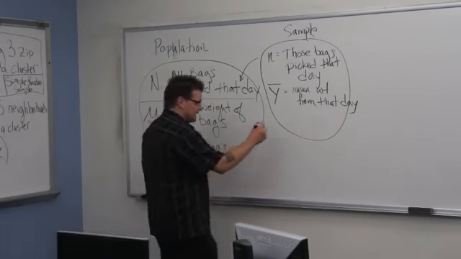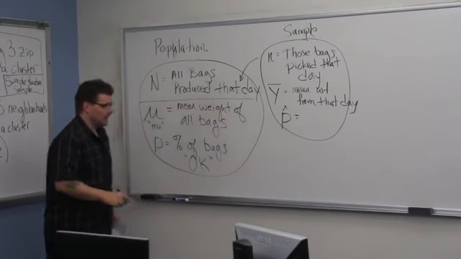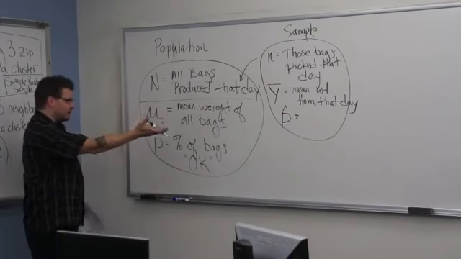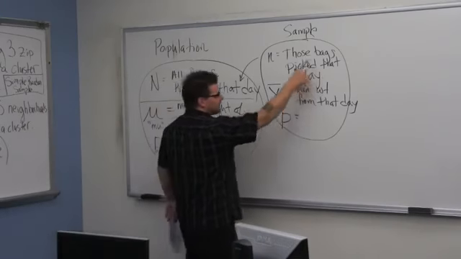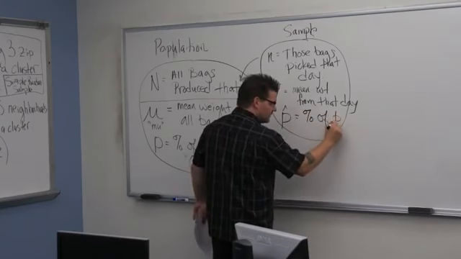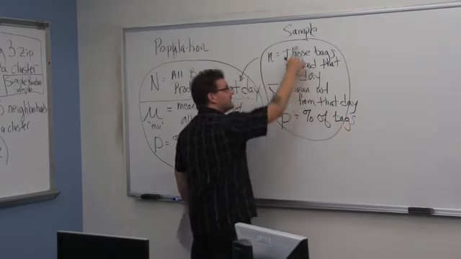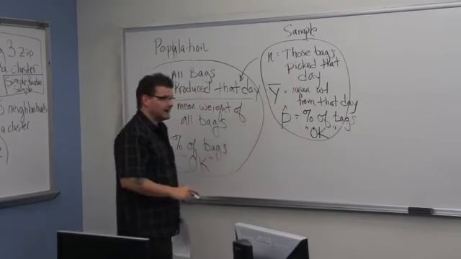Once I collect my data, I could summarize that. I'll call it P hat over there in the sample. Again, there's a difference, and it's important. And this would be the percentage of those bags that are okay. Percentage of the bags in the sample that are okay.